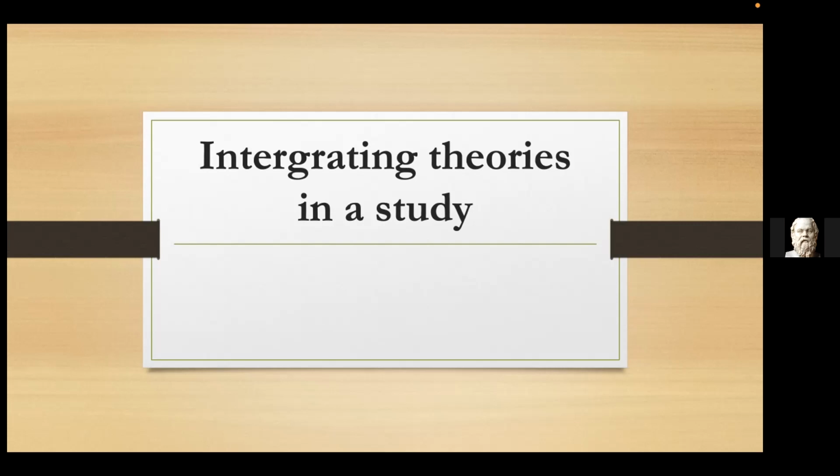How are concepts identified related to each other? The next is the logic, the why of the theory. Why are these concepts related? So you have the what, how, and why.